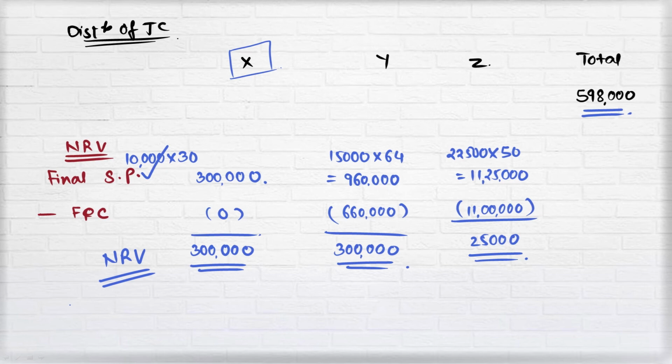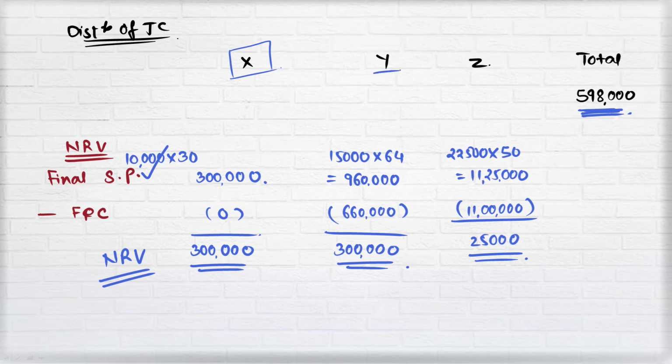But while you are distributing the cost, which cost are you distributing? Can you tell me? 5 lakh 98,000 will be used to manufacture 10,000 units of X or 15,000 units of X? So whatever value you are taking, you should be taking of 15,000. Whether selling price at split-off point, whether quantity, whether NRV, you should be taking of 15,000 units, right?